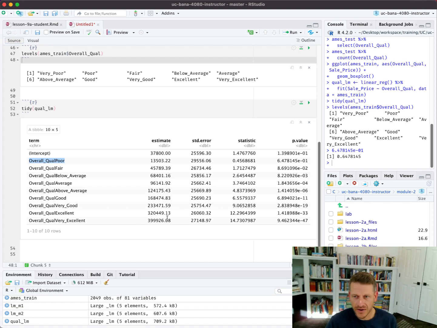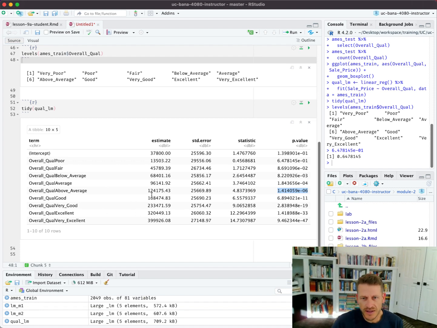However, if we look down, as we get to below average, average, above average, these are all pretty small p-values, getting close to zero. So we could say that the difference in the sale price for these types of homes compared to very poor quality homes is statistically significant.